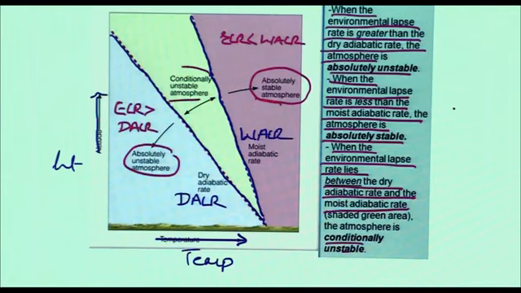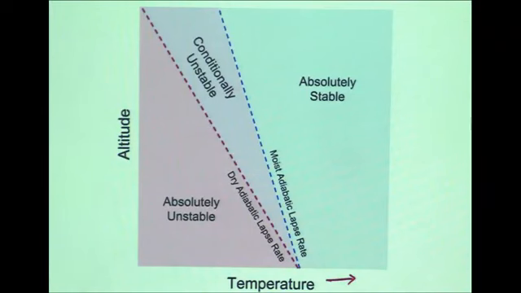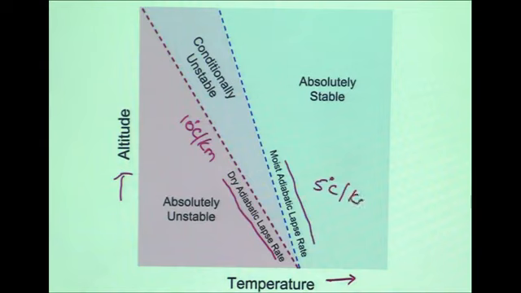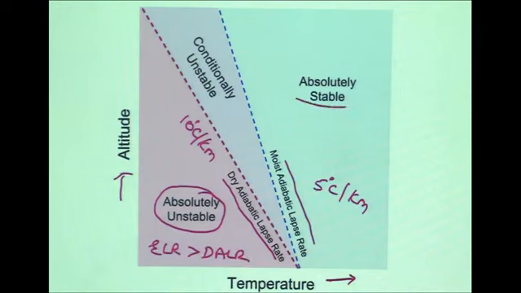Can you notice this is conditional instability? See this now? Temperature plotted on horizontal axis, altitude on vertical, environmental conditions and dry and wet adiabatic lapse rate. Dry adiabatic lapse rate 10 degrees Celsius per kilometer, moist adiabatic lapse rate 5 degrees Celsius per kilometer. What will be this condition? Absolutely unstable. Reason? Environmental lapse rate is greater than dry adiabatic lapse rate. What is this condition?